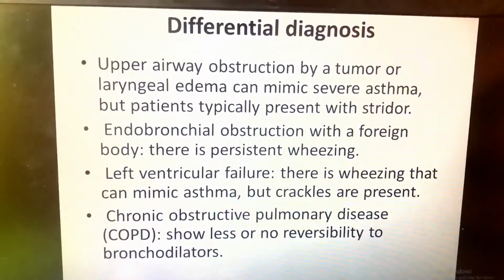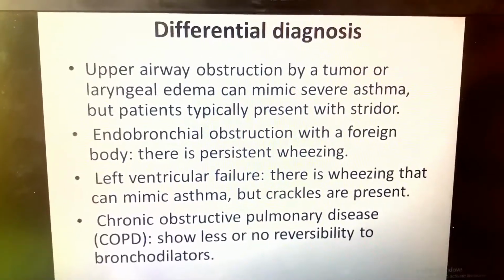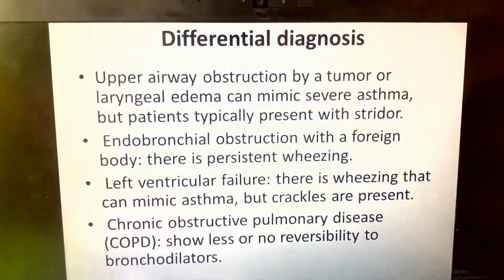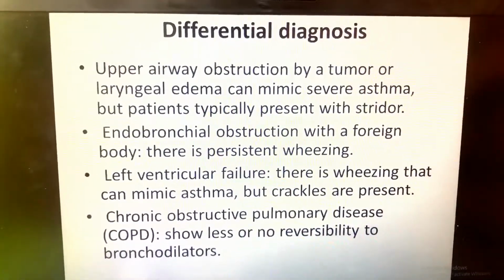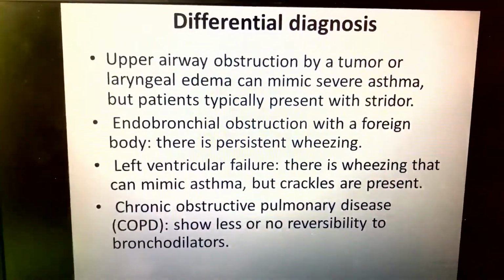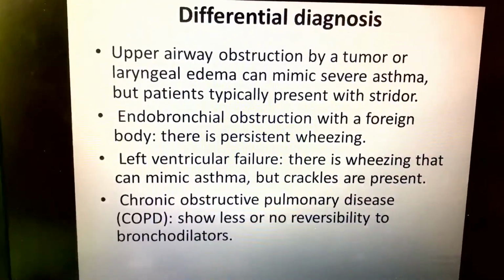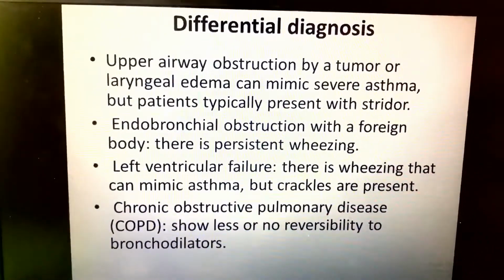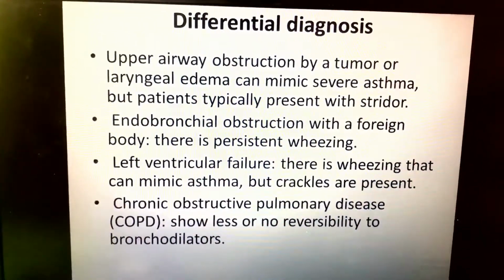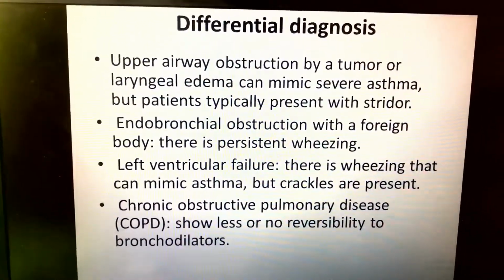What should be the differential diagnosis for asthma? When we say differential diagnosis, this is the disease that can have similar symptoms to that disease. Upper airway obstruction, maybe by a tumor or laryngeal edema, can mimic severe asthma, but patients typically present with stridor. Before I explain the difference between wheezing and stridor: wheezing is specific to asthma, but stridor is specific to an obstruction of the upper airways.